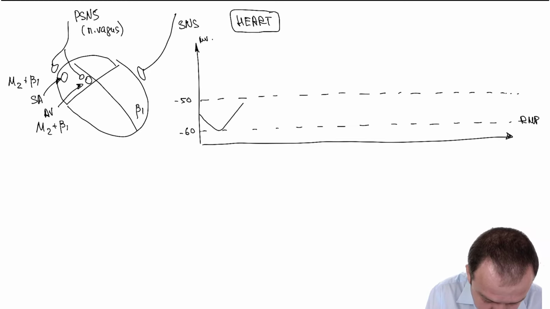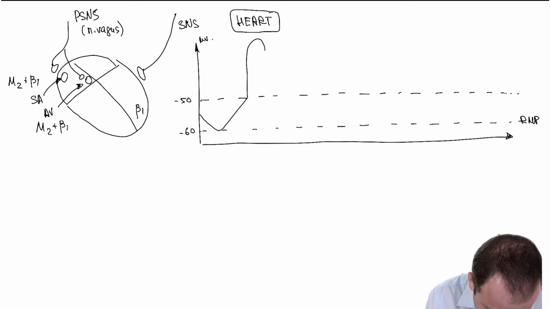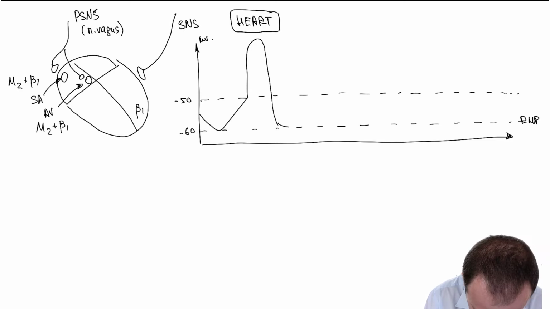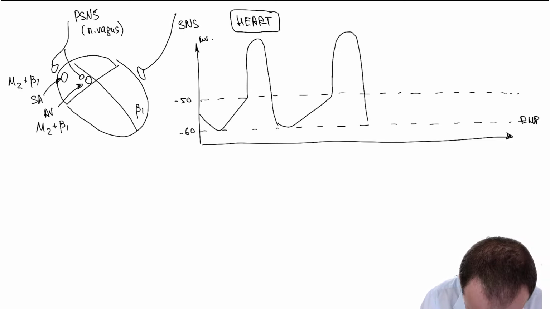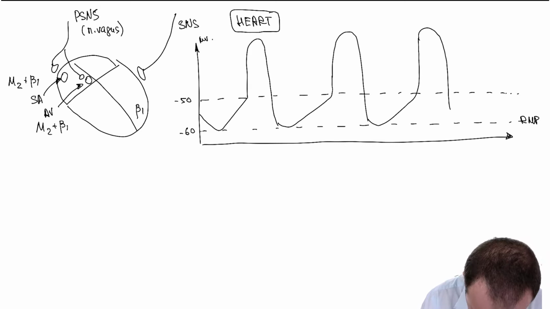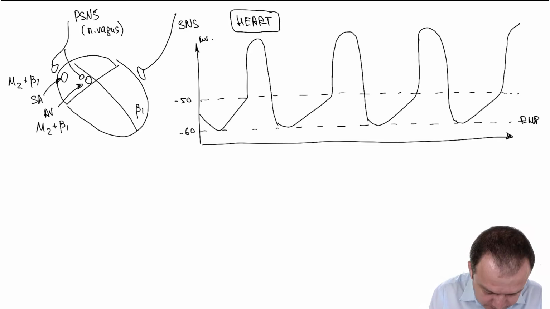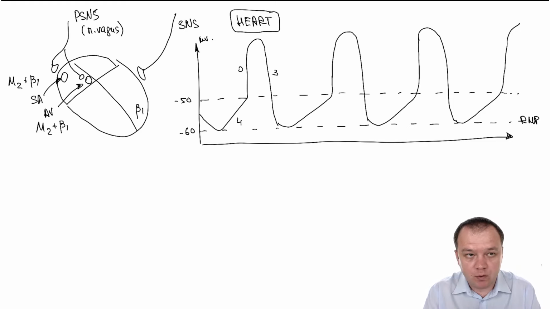So the action potentials look like that, right? We have phase 4, phase 0, and phase 3. We do not have overshoot and we do not have a plateau phase if we compare this action potential with typical cardiomyocytes.